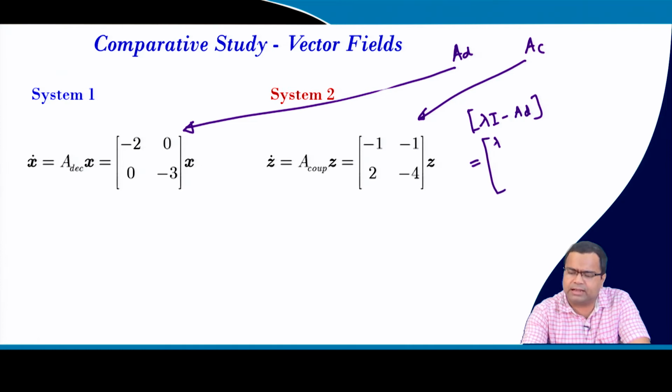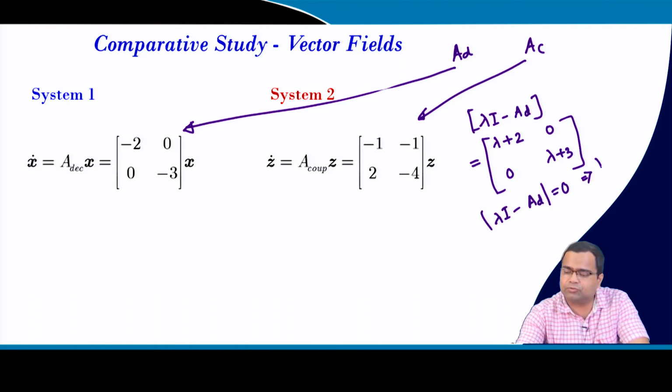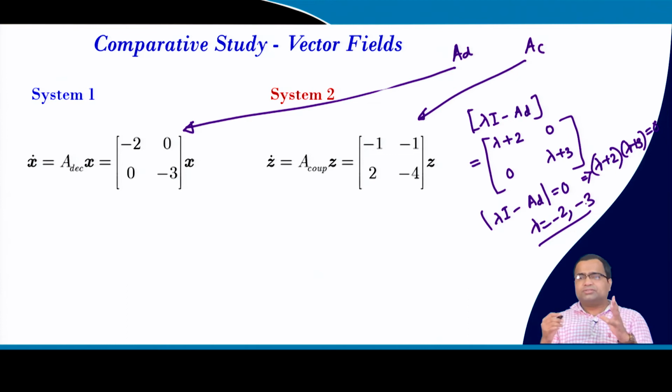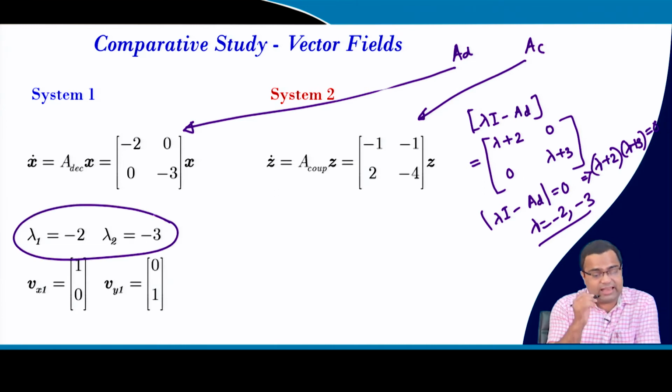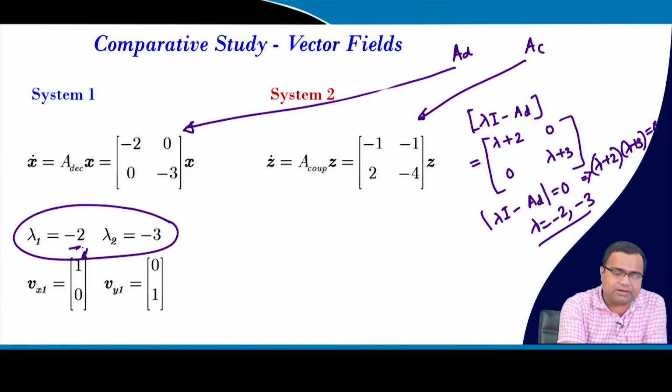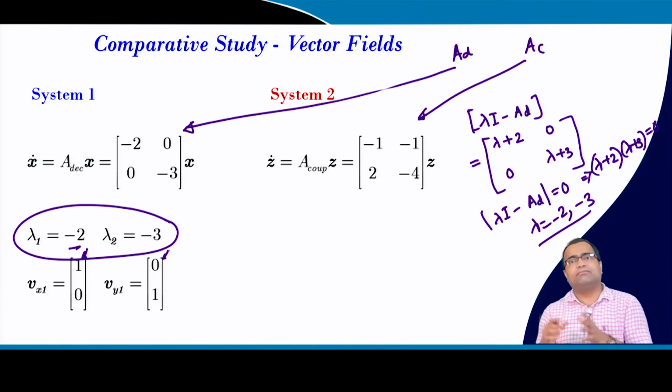It is nothing but lambda plus 2, 0, 0, lambda plus 3, and if I take the determinant of lambda I minus AD to be 0, it turns out to be lambda plus 2 into lambda plus 3 equal to 0. So, this will give you minus 2 and minus 3. So, these are the 2 eigenvalues, and for eigenvalue minus 2 you will get this one, for minus 3 you will get this one, that you can find out.